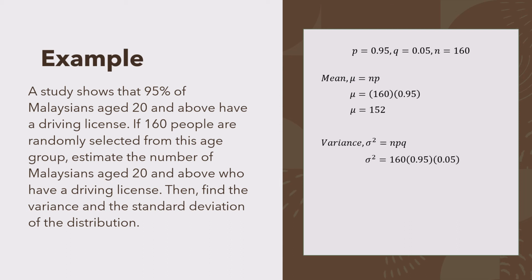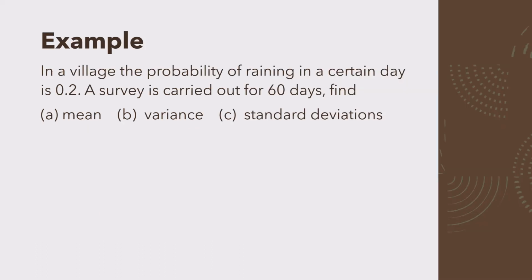You just multiply 160 with 0.95 and 0.05, and you will get 7.60. So this is the variance, and the standard deviation is just the square root of 7.6, which is 2.76. This is how you calculate the mean, variance, and standard deviation from a binomial distribution.